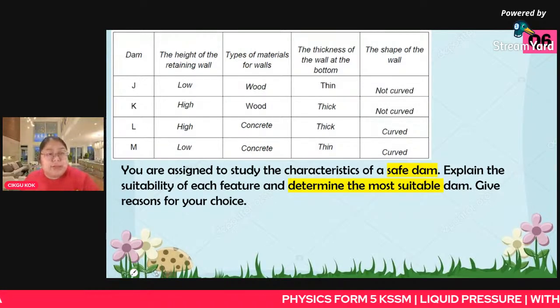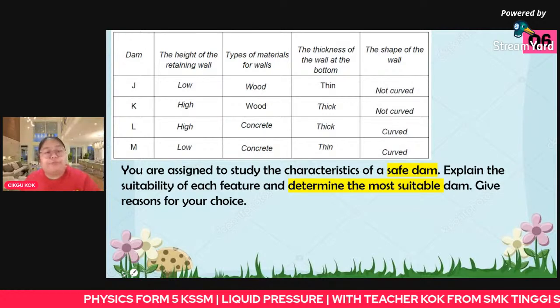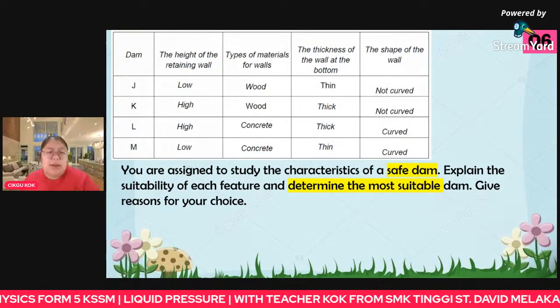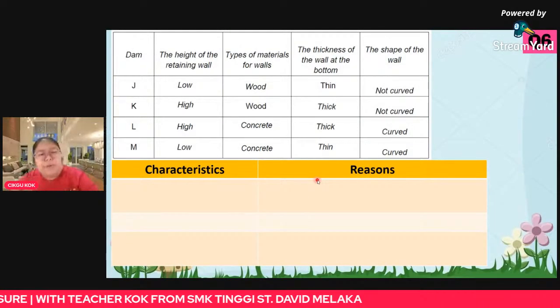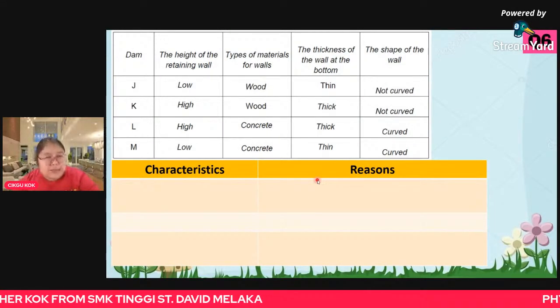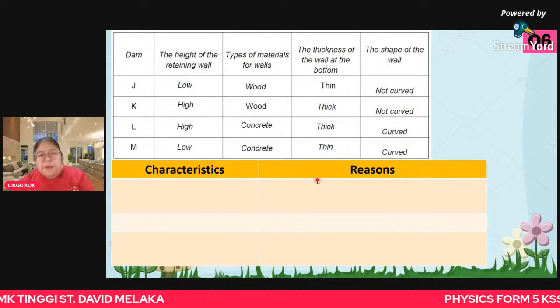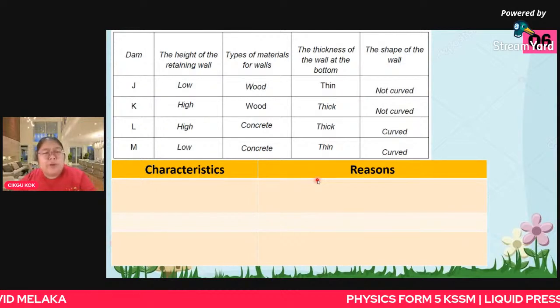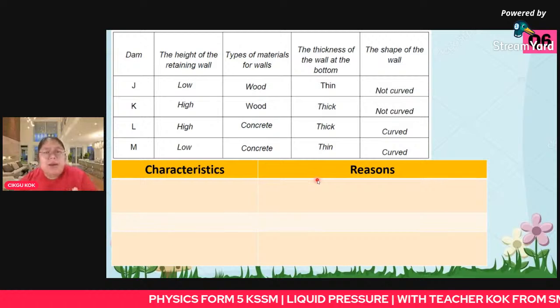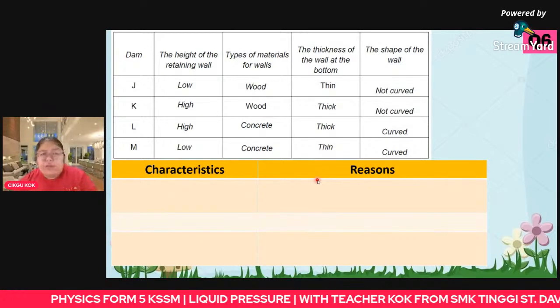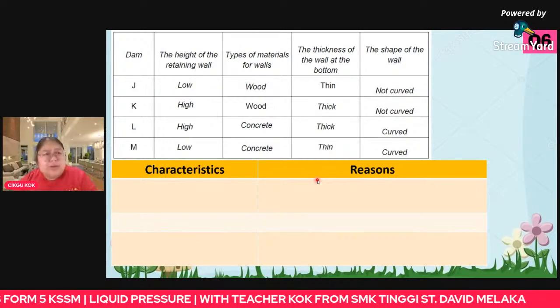This question is 10 marks. When you see a 10-mark question, you prepare a table form. What do I mean by table form? We can see this one, we call it table form. When you prepare a table form, it is easier to answer. If you write in paragraph form, it is very hard to find your points. If your handwriting is okay, never mind, but some students' handwriting is very messy, so we cannot see the points.